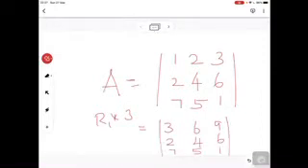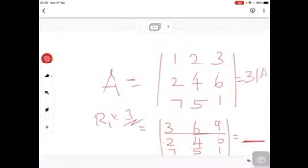So I multiplied all the elements of row 1 by 3, and if I calculate the value of this determinant, I get some number. That number is equal to 3 into the determinant value of A.